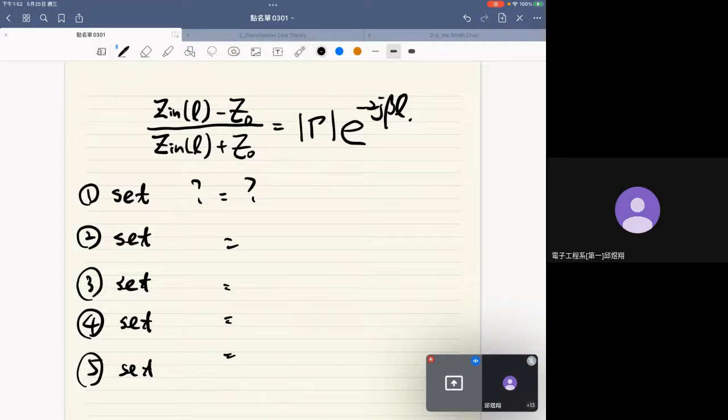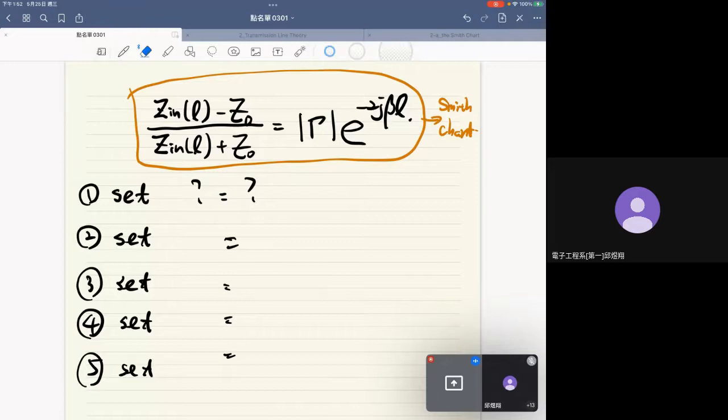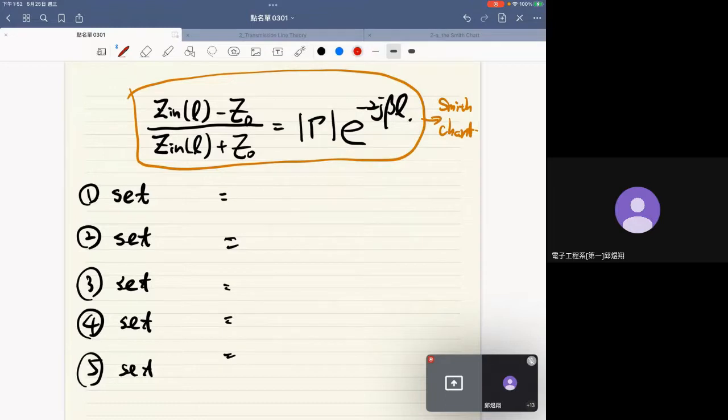What are the assumptions we used to understand how you change these equations to the Smith chart? What is the assumption? Or do you need more hints? What is the small l? What is theta? Okay.